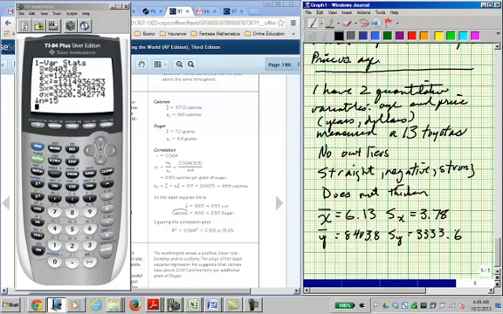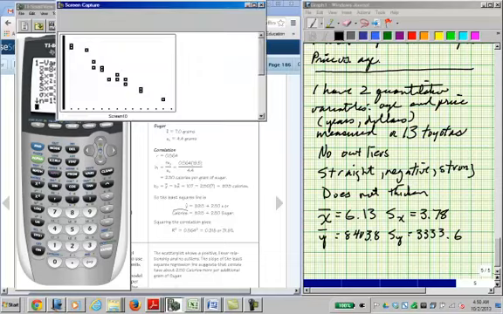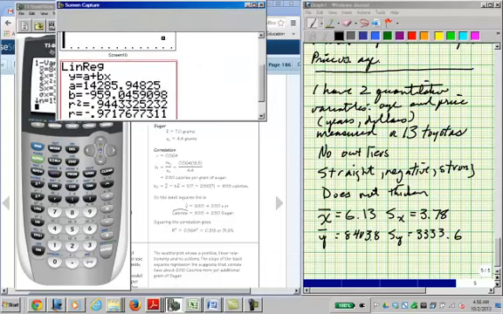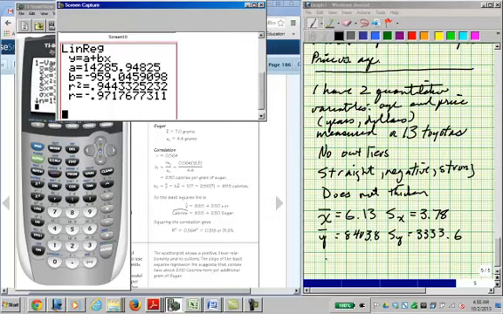Okay, so we have correlation. I didn't write it down. Let me write down correlation. Okay, and R equals 0.972. Let's call it that.